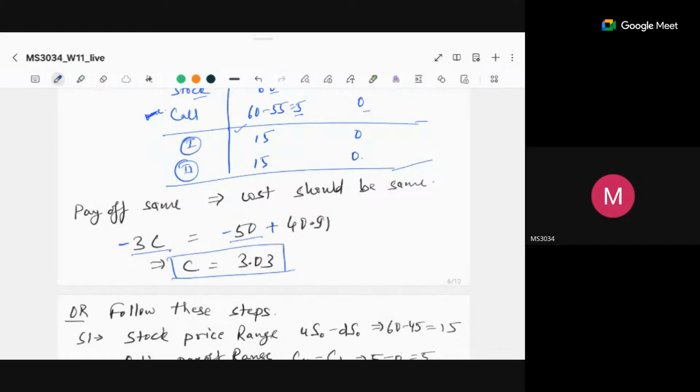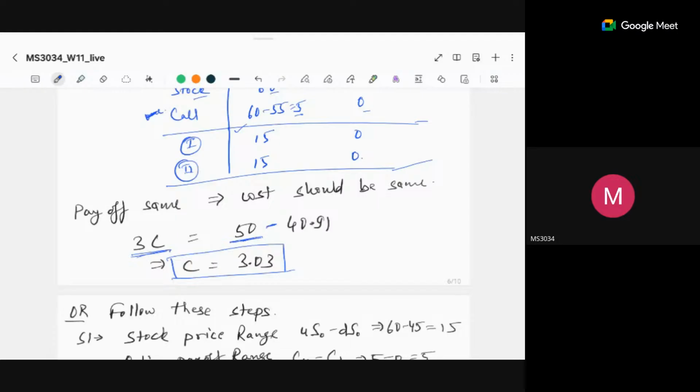So in another way also, the earlier one was correct. When you buy three call options, your cost is 3C. If you purchase one stock, your initial cost is 50, and you borrowed this much amount, so you had this much upfront.